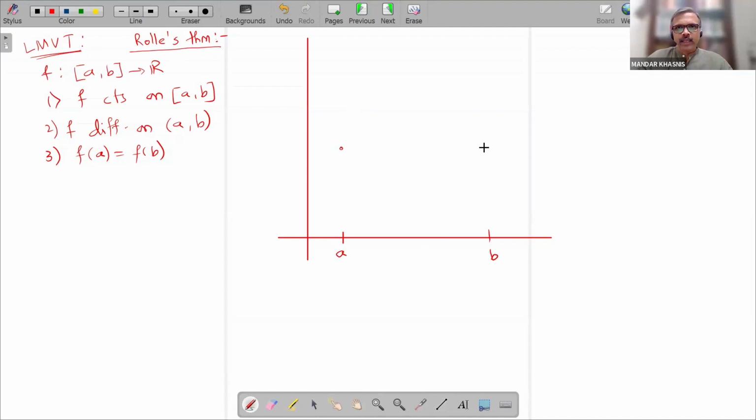F of A, which is the height, is at whichever height, and F of B is also at the same height. Due to this, intuitively you should be able to draw the graph without lifting your hand. And the second condition basically says that there should not be any corner points.